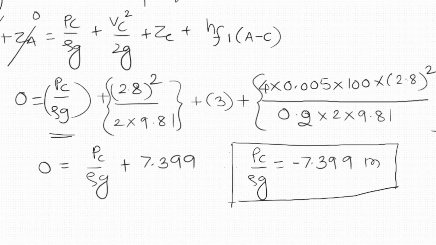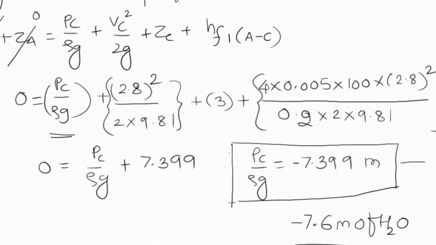Now, before the session, we had a discussion regarding the minimum pressure. So the minimum pressure in actual practice should be minus 7.6 meters of H2O for the operation or flow of fluid in the siphon.